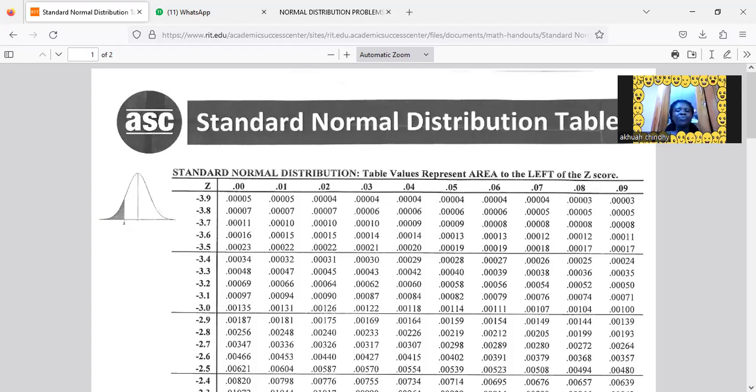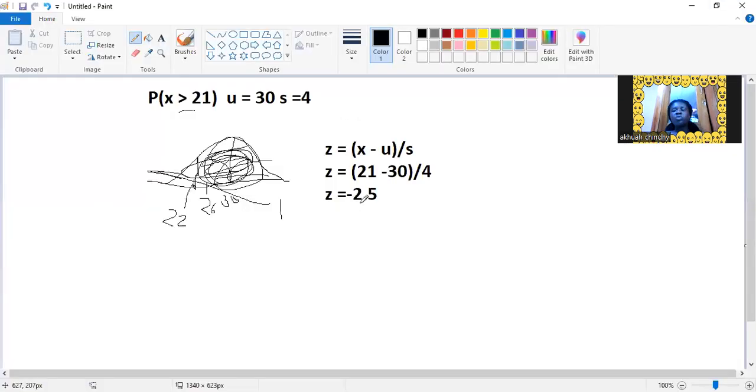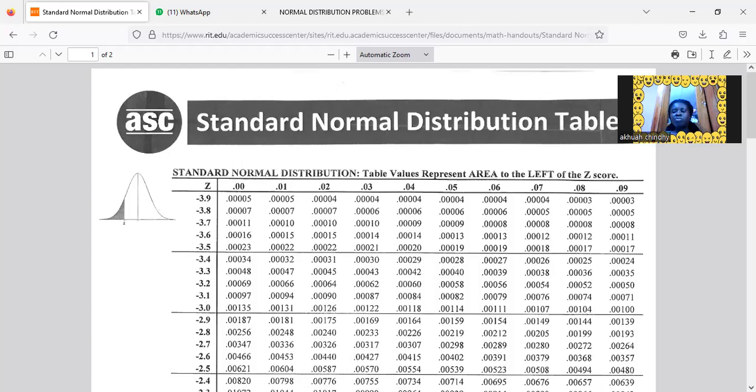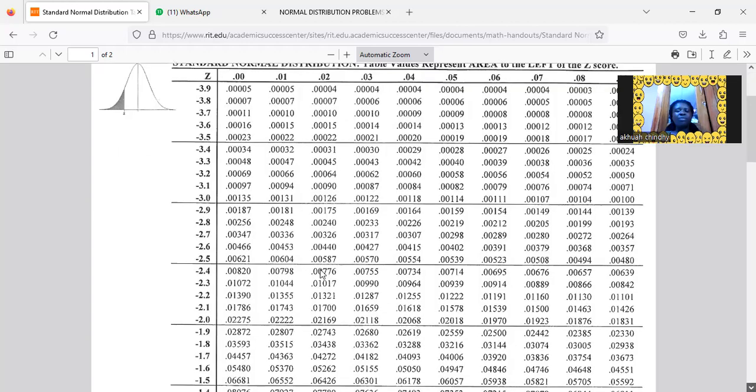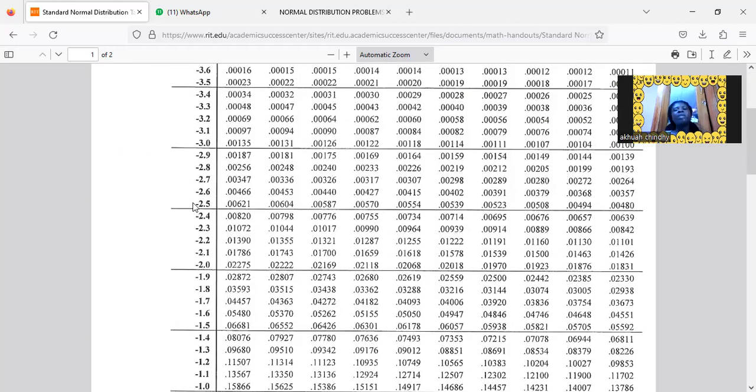So for here, we know that it's negative 2.5. So we just add the 0 here. Then we read negative 2.5 from the negative table. So you move to negative 2.5, which is here, and then we look for our 0.00, which is this one.